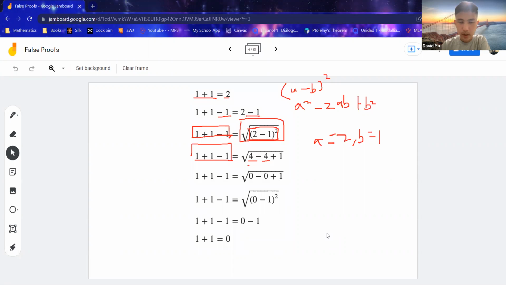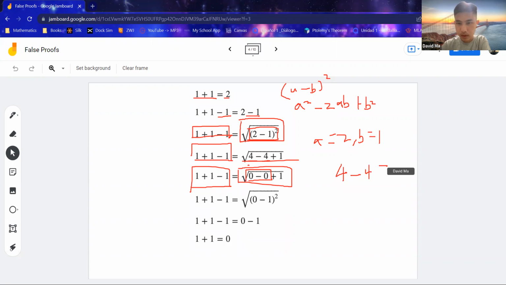And that's right. We move on to the next step. We still have the left-hand side the same. But this time on the right-hand side, because 4 minus 4 equals 0, we could also write the equation as 0 minus 0 plus 1.